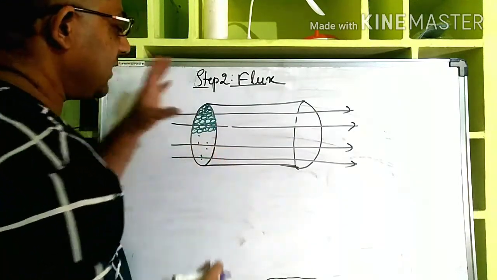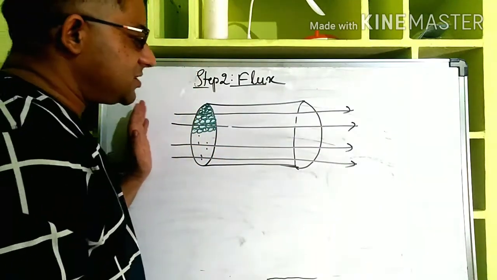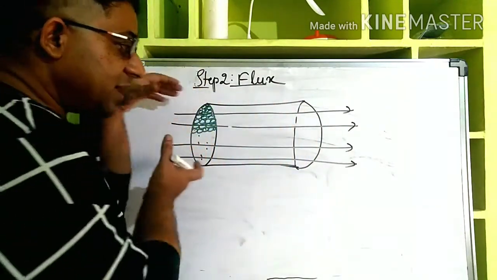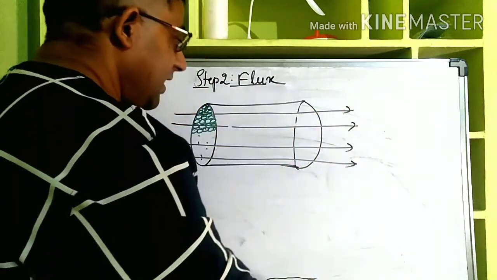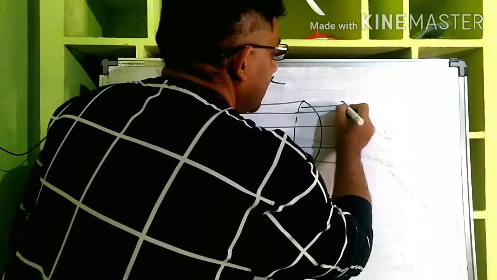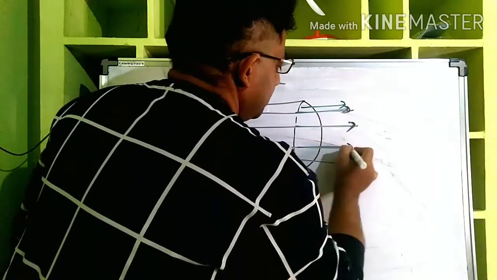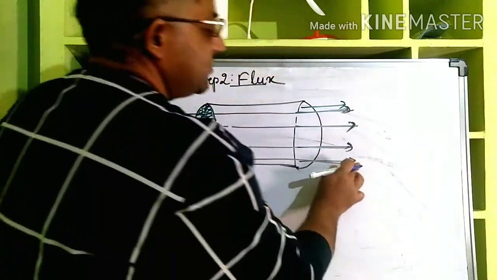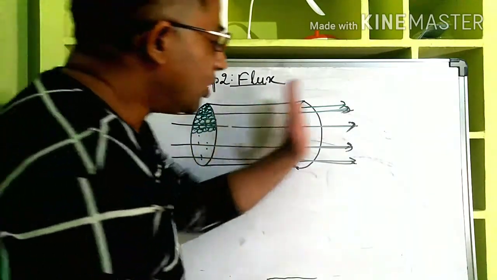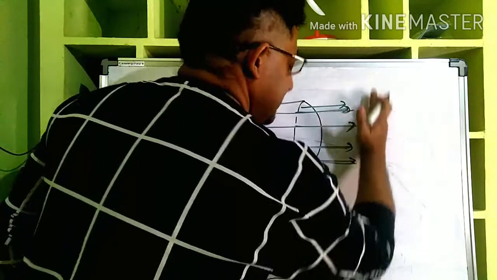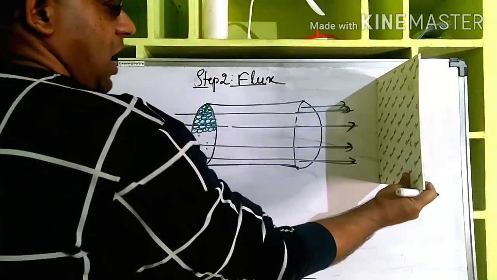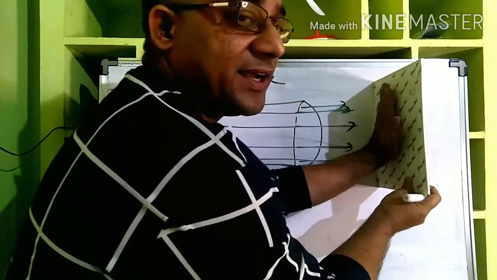So you can imagine that a very large number of tiny tubes are there, and all the tubes are carrying water, so that water is flowing in the tubes. In that case, each line shows the direction of the water flow. Then we will ask what is being faced here: if you stand here, or if you keep a surface area here perpendicular to this flow, how many lines are going and hitting it?